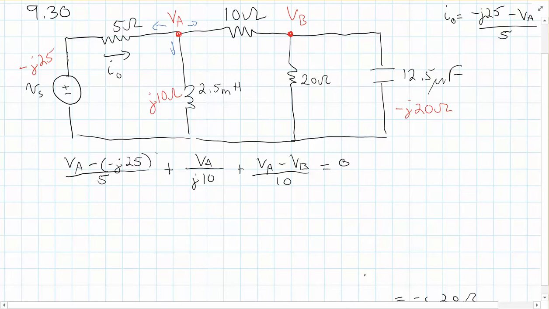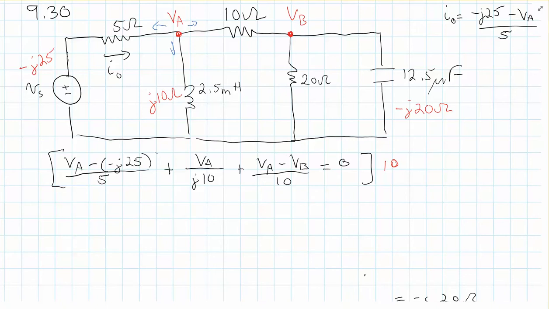Now, just like we've done before, we're going to multiply through this equation to make things a little bit easier here. So I'm actually only going to multiply through by a 10. You could do J10, that's fine, but I'll show you something we can do when you have J's in the denominators.